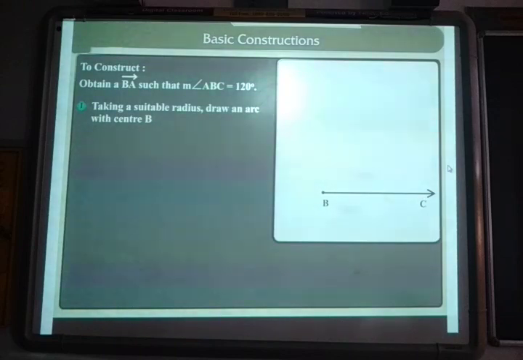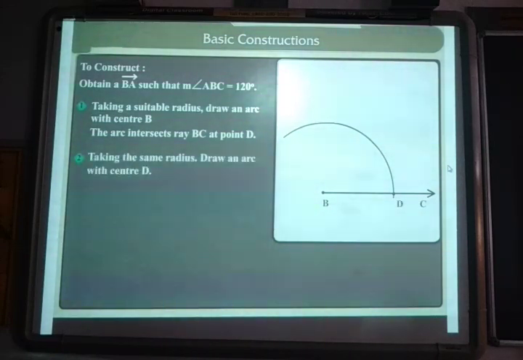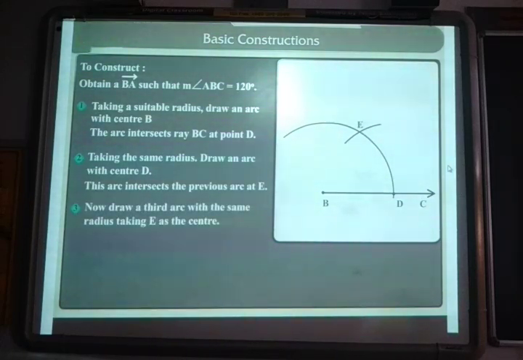Taking a suitable radius, draw an arc with center B. The arc intersects ray BC at a point, say D. Taking the same radius, draw an arc with the center D. This arc intersects the previous arc at E. Now, draw a third arc with the same radius, taking E as the center.